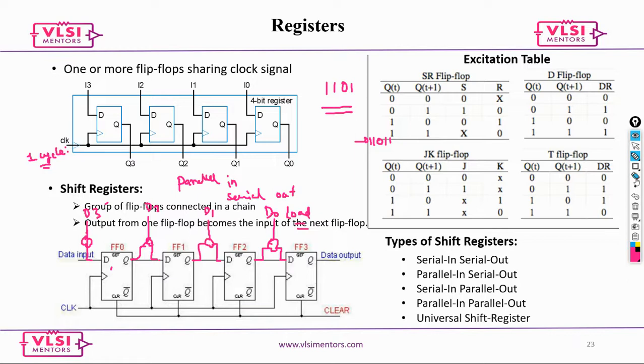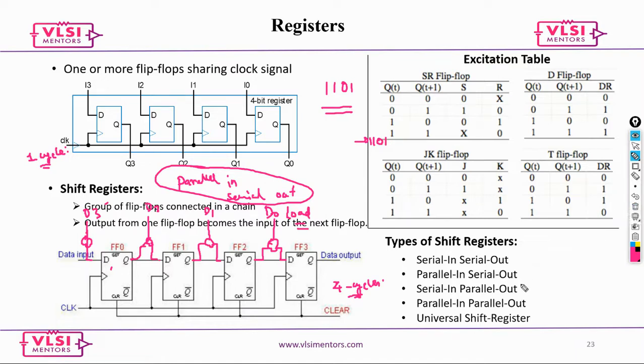How many cycles do I need to get the whole data out? Because it is 4 bits, you need 4 cycles. So you need basically 4 cycles to empty the whole set of registers. This is what we call parallel in, serial out. Any question?